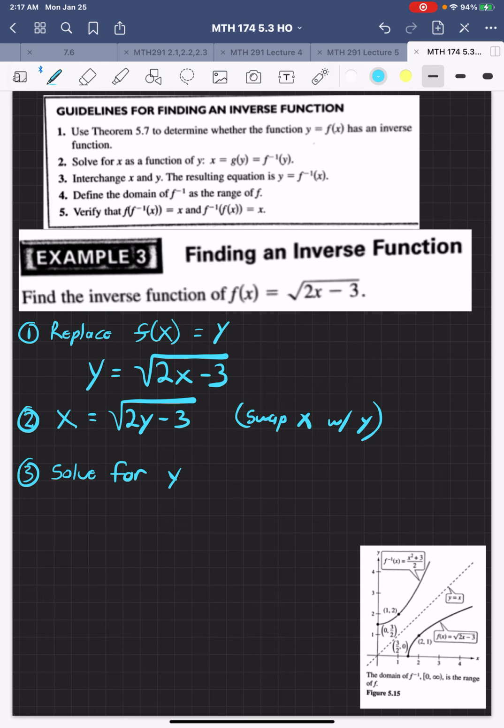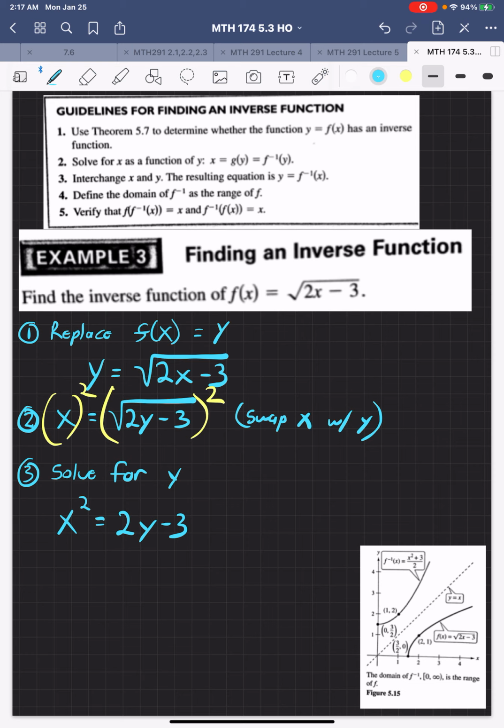Okay, so let's solve for y. So easy enough. First thing we've got to do is get rid of this square root. So we're going to square both sides. So that would leave me with x squared is equal to 2y minus 3, right? I mean, literally, I just squared this side, squared this side. Okay.